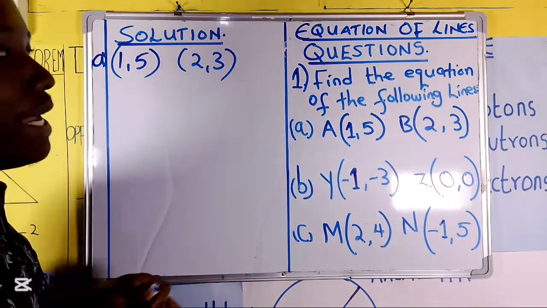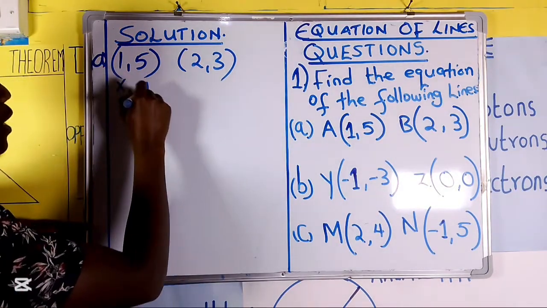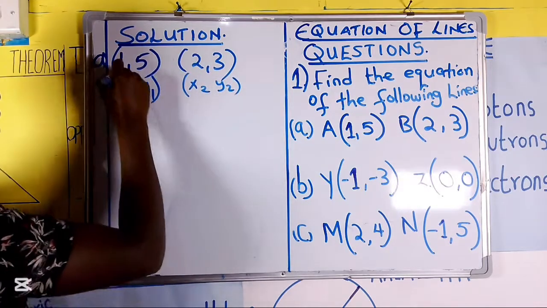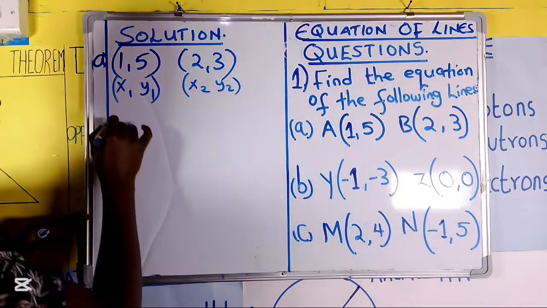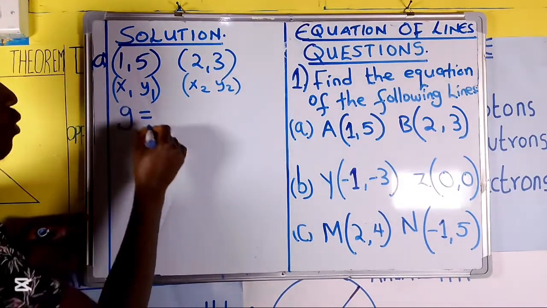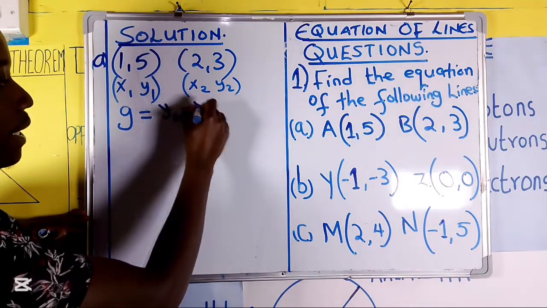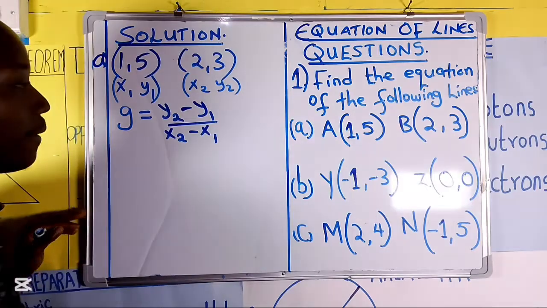For us to determine the equation of a straight line, the first thing we need to do is find the gradient of the line. For us to determine the gradient, we said that gradient is equal to change in y over change in x, that is y2 minus y1 over x2 minus x1.